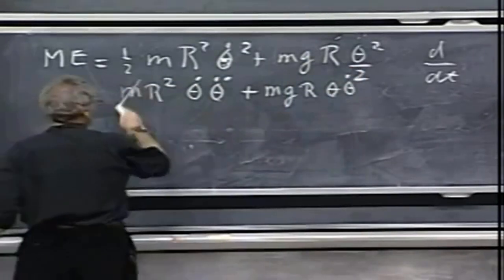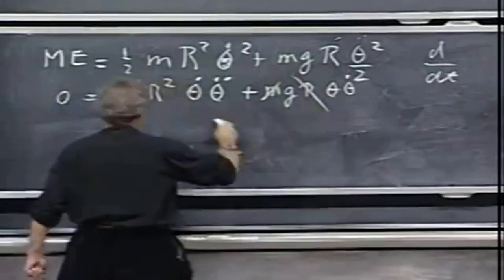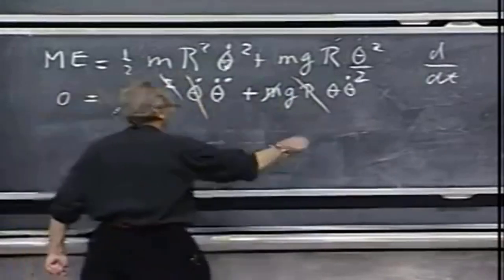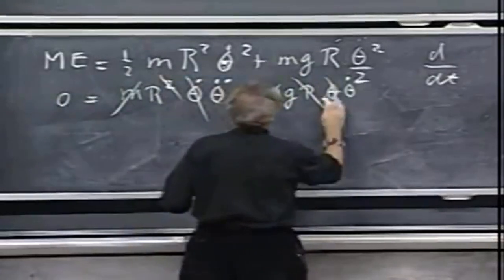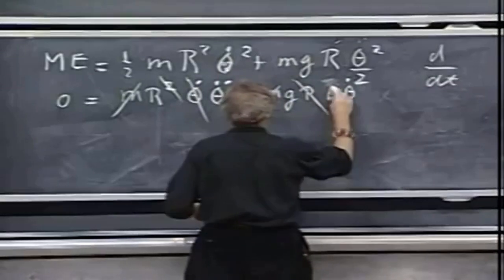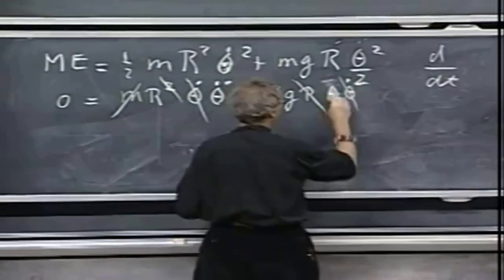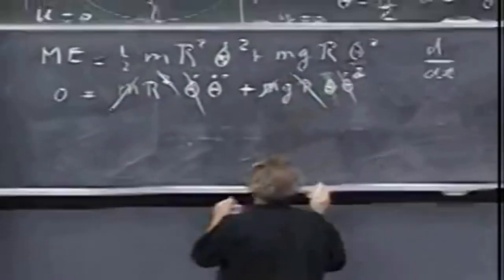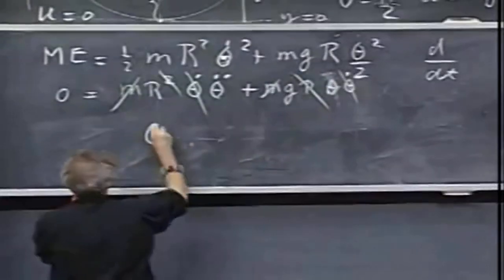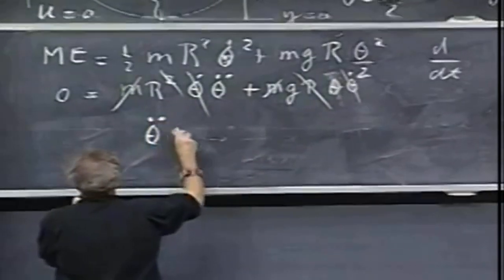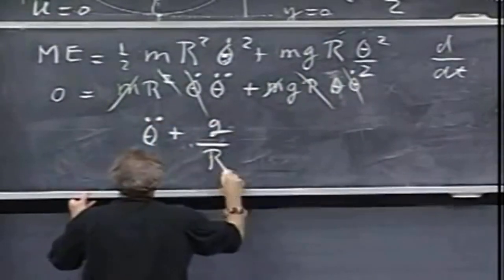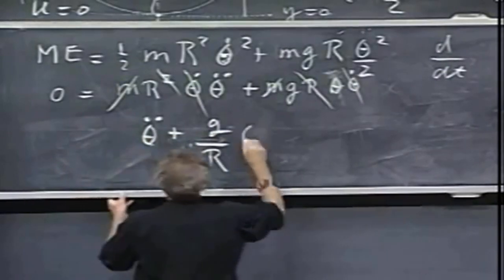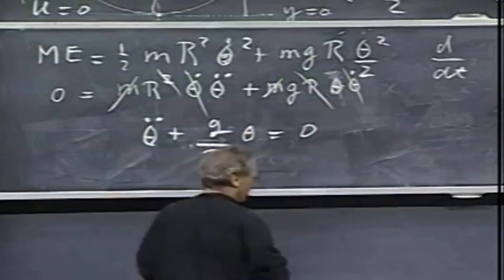I lose my m, I lose 1r, I lose my theta dot, I picked the wrong one. I lose my theta dot, not the theta. And what do I find? That theta double dot plus g over r times theta equals 0.